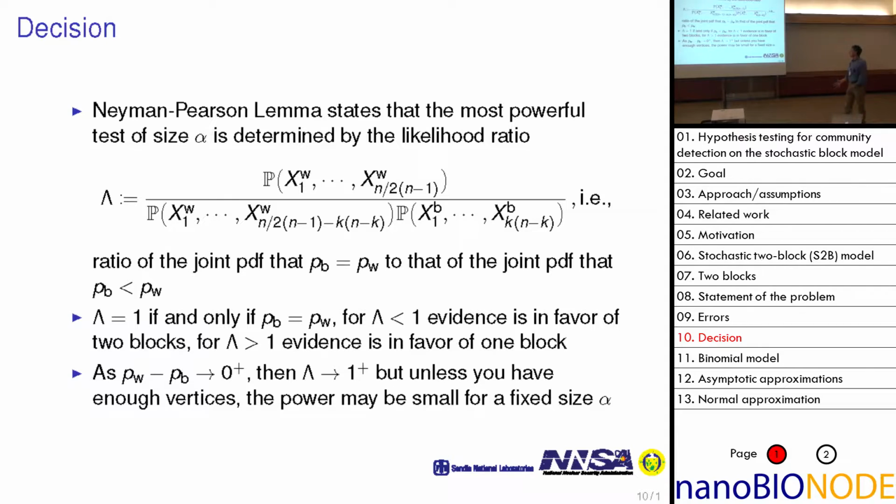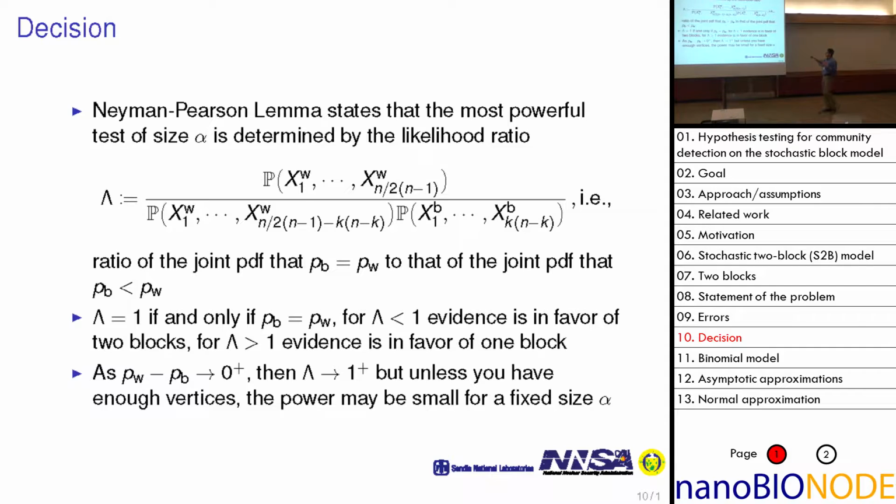Okay, so what statistic am I going to use? I'm going to use this likelihood ratio. I can count up the edges for the two blocks, and for the assumption that there's only one block, and look at the ratio. There's a big lemma called the Neyman-Pearson lemma that says that, given a test of size alpha, the most powerful statistic is this ratio.